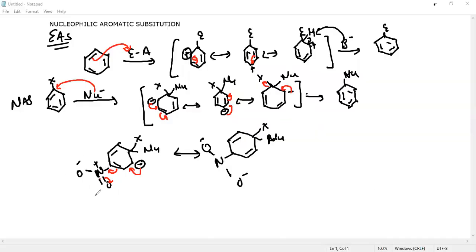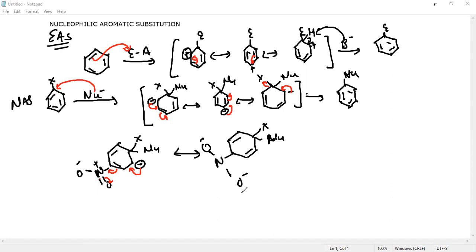So electron withdrawing groups stabilize the situation here, because you do know that when the charge is able to move to a greater portion of the molecule, that leads to stabilizing effects, and it leads to a stabilized intermediate, right? And this is something we are looking for.